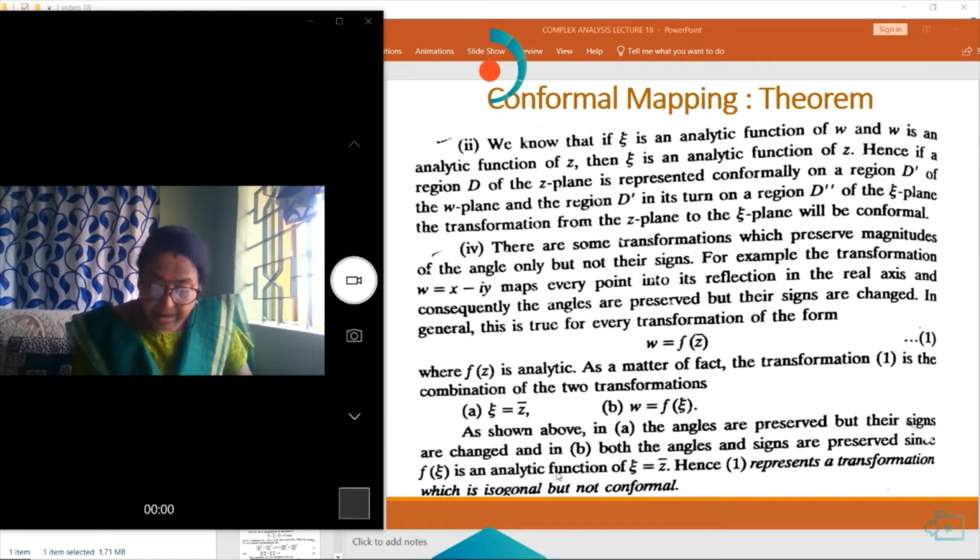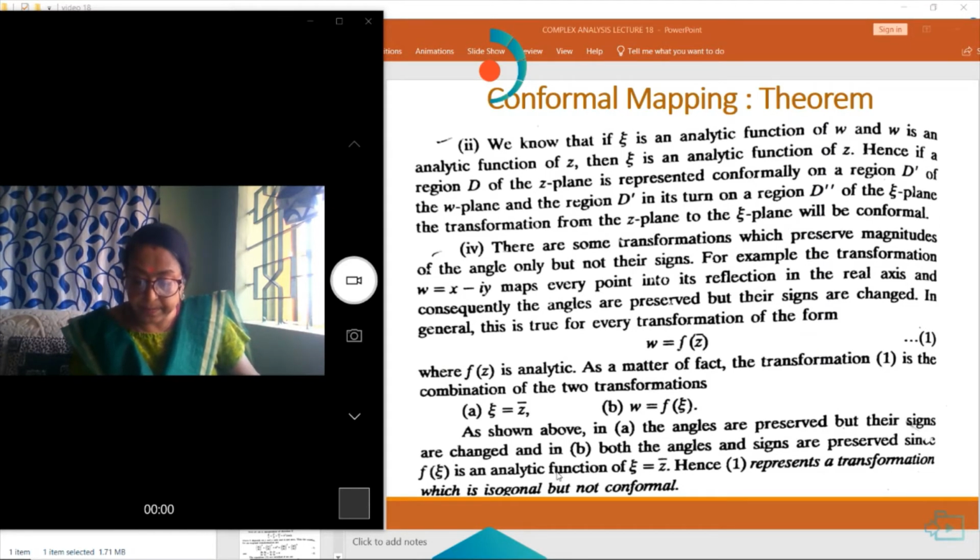Hence, this represents a transformation which is isogonal but not conformal. The difference between isogonal and conformal is that the angle is the same, but the signs of the angles are not the same in an isogonal transformation.